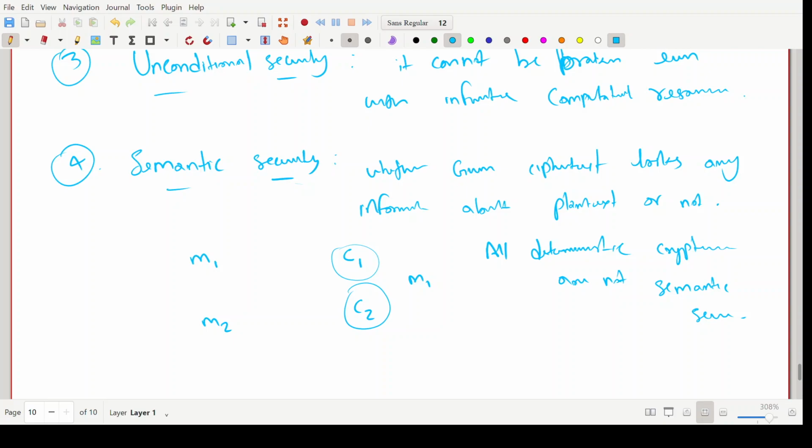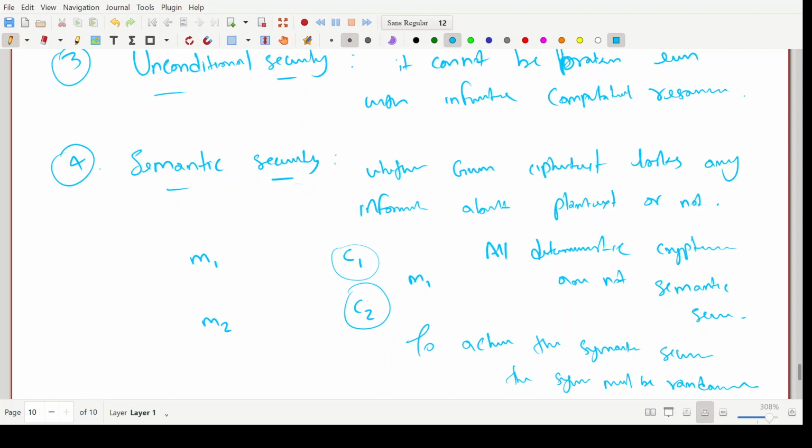To achieve semantic security, the system must be randomized. It should use a random number in the encryption scheme.